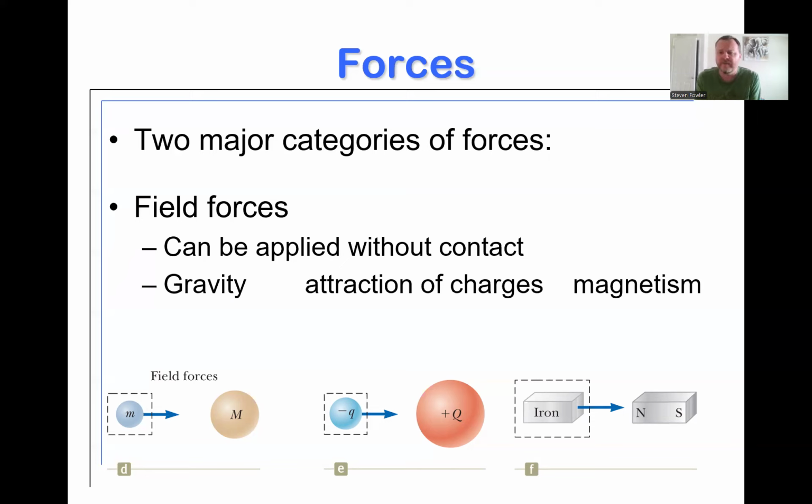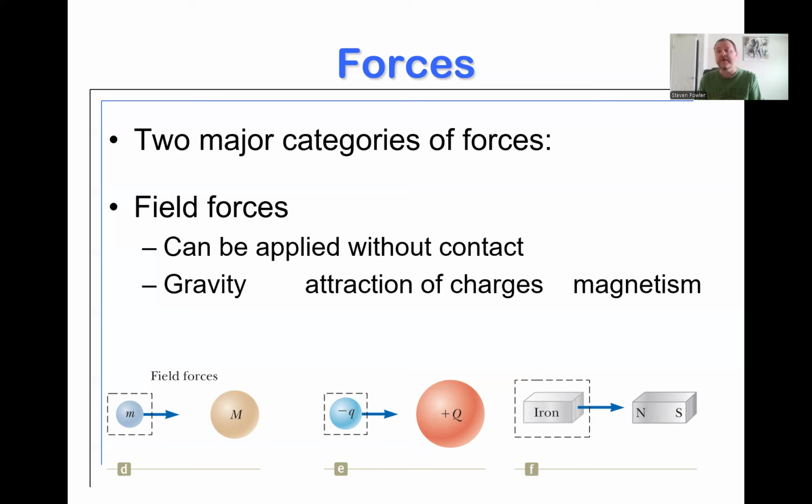I think we mentioned before, if you're like, Steve, why doesn't everybody just use the same language? Well, welcome to the rest of your life being in science, technology, engineering, or math. Much as we would love everybody to use the same language, not everybody does. So this text calls them field forces, and that's not uncommon. There are some reasons for that, and I'll let the text talk about that.